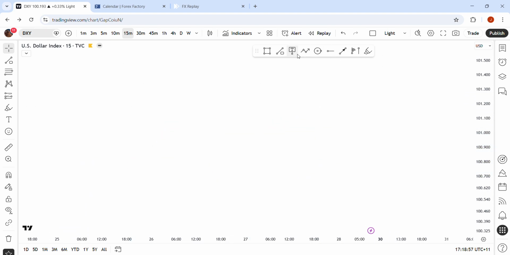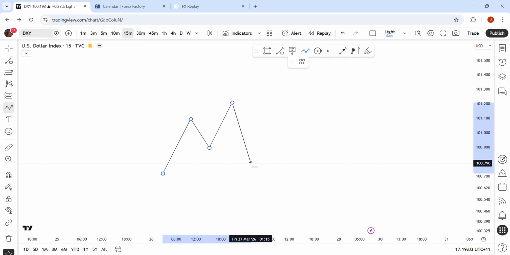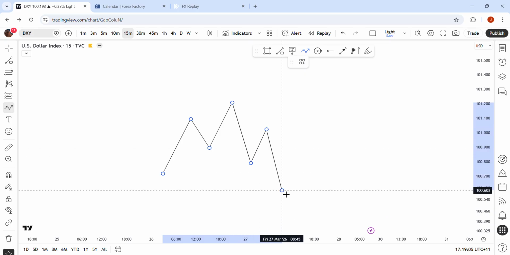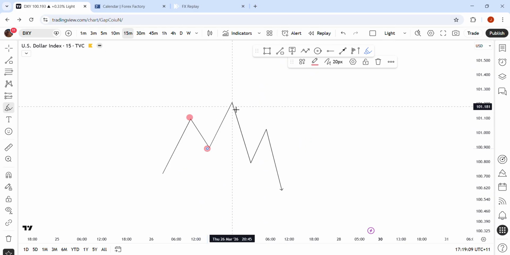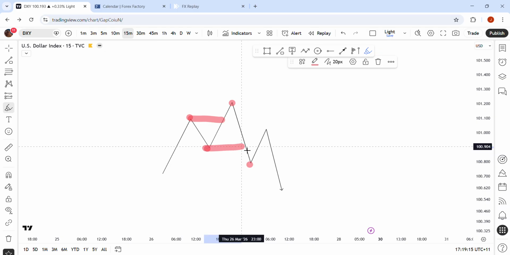We then have reversals. So we're going to start with a bearish reversal, where price makes a high, higher low, higher high breaking structure, but then makes a lower low, breaking, or change of character, market structure shift, whatever you want to call it, but it makes a lower low.